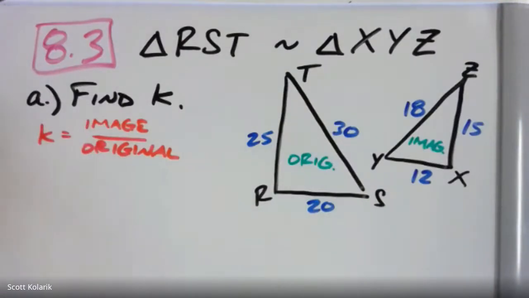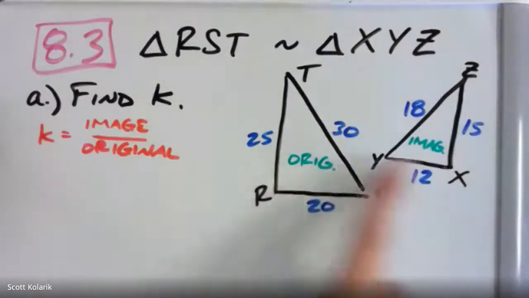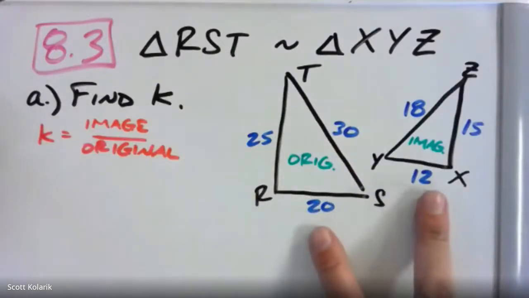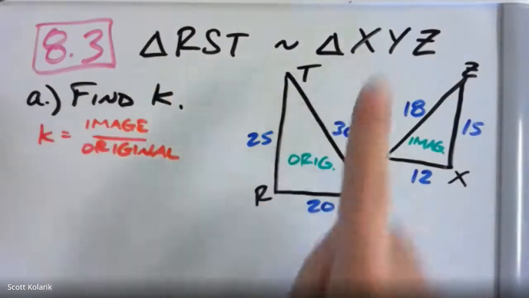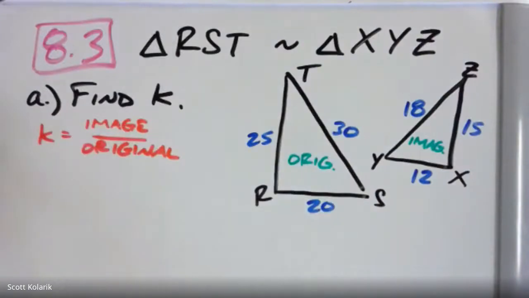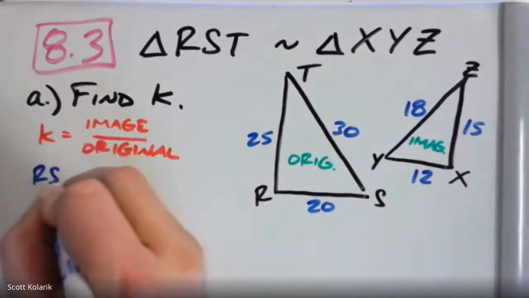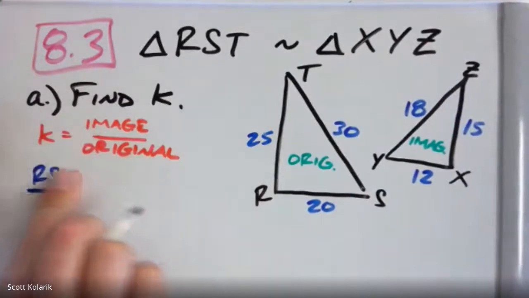So in this case, I only need to look for one pair of corresponding sides. For instance, let's focus on the two shortest sides here, either looking at the smallest numbers in both triangles or looking at the first two letters here and the first two letters here, whichever way you do it. But my similarity or proportionality statement would be as follows, that RS over, or sorry, I messed that up already.